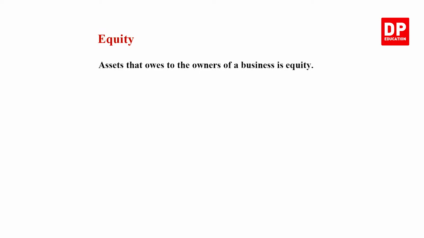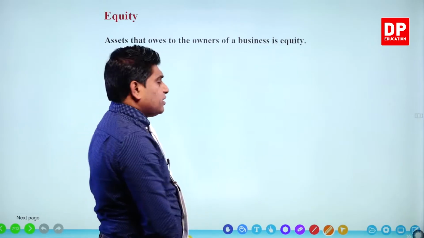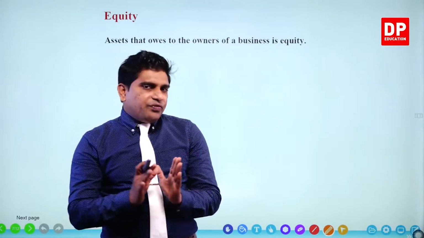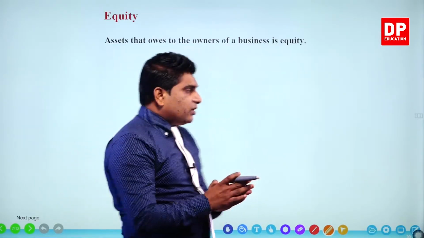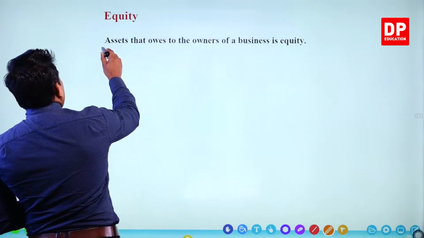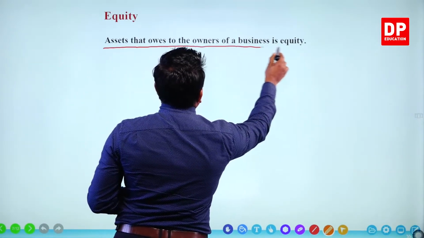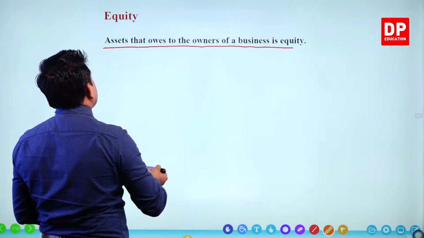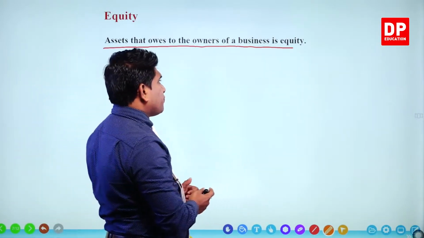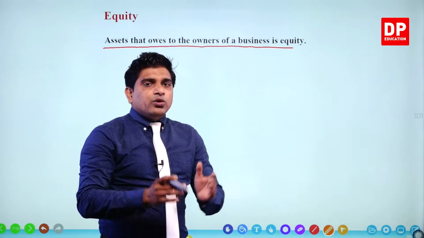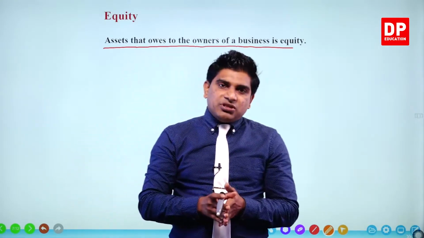It is equity. Remember this. Asset side finish. Now equity. We'll see the definition. Assets that are owed to the owners of a business is equity. Remember, there are a lot of assets in a business.